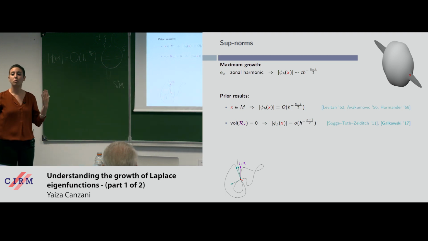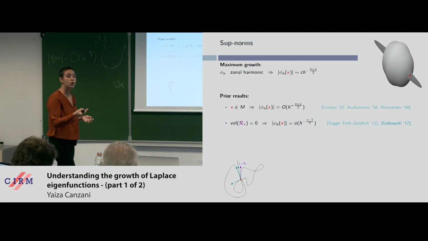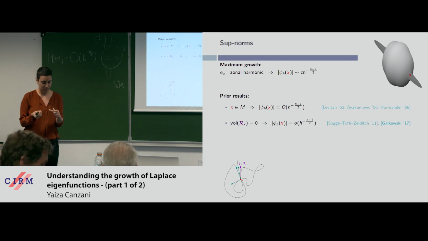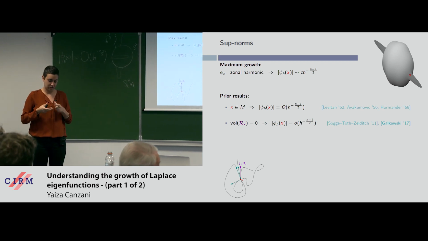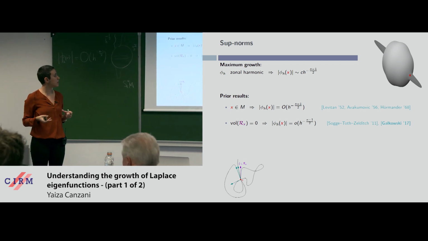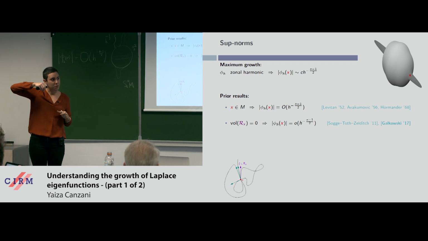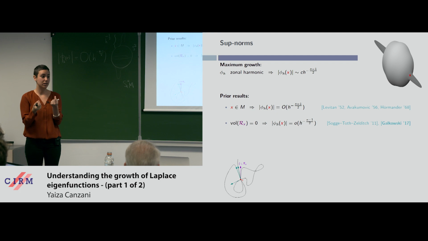The most you can hope for if you're using a defect measure is a little o error improvement. So we stopped using defect measures, and then we started trying to keep track of what happened with the eigenfunction in terms of the set of geodesics that emanate from the point at which you're trying to understand the growth.